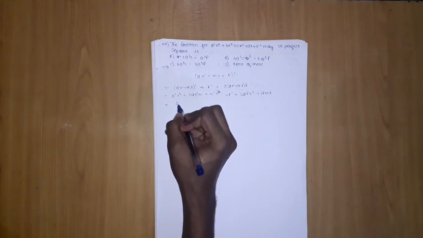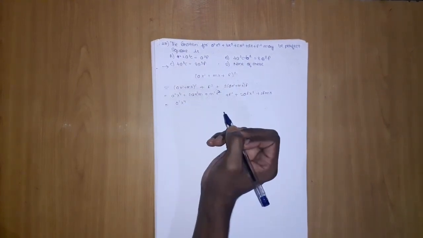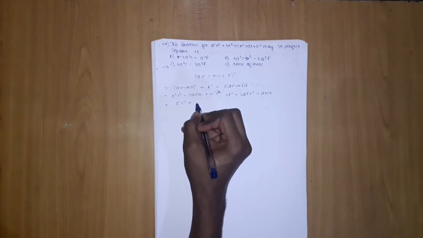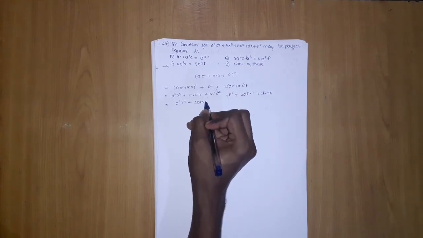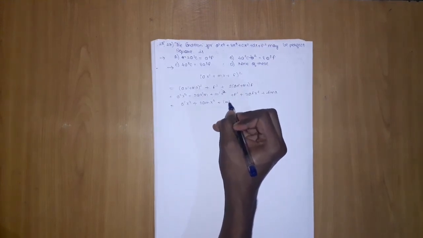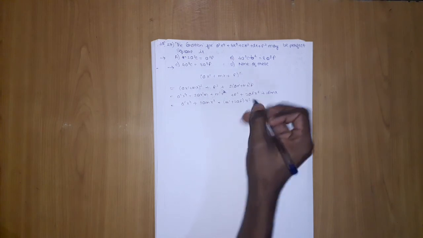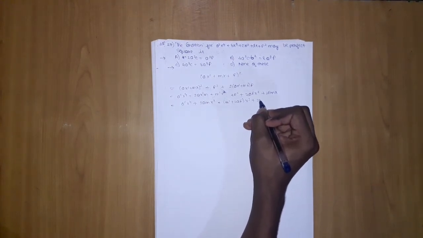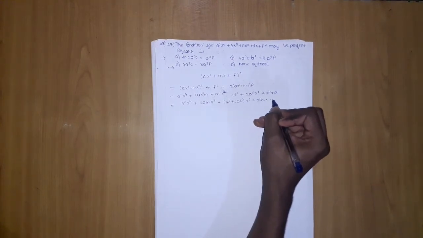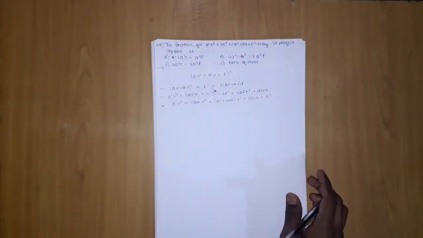Now a square x raised to 4, then the cubic term 2am x cube, then the square term: m square plus 2af into x square, and the rest is 2fmx plus f square. We have this.